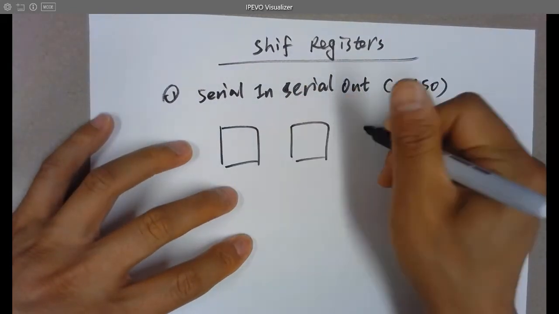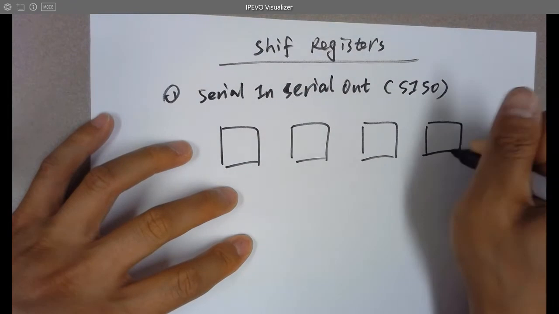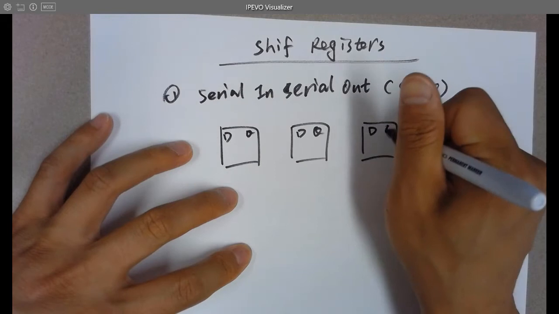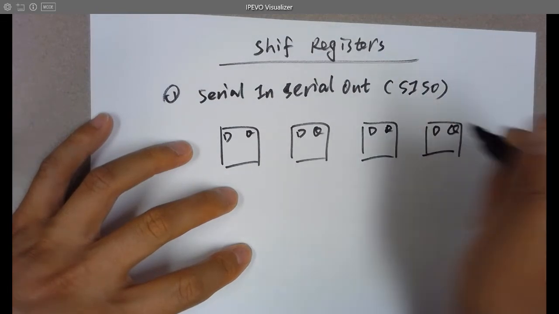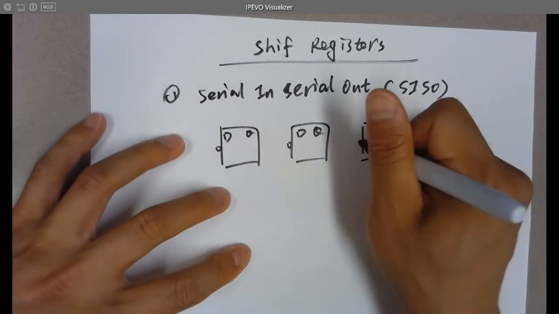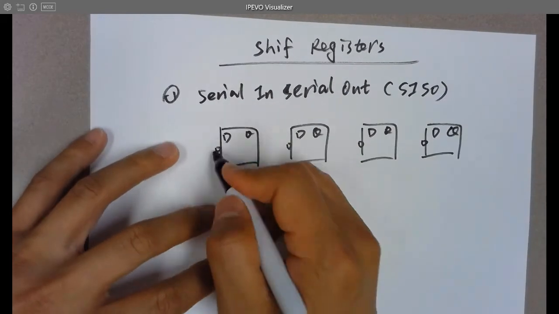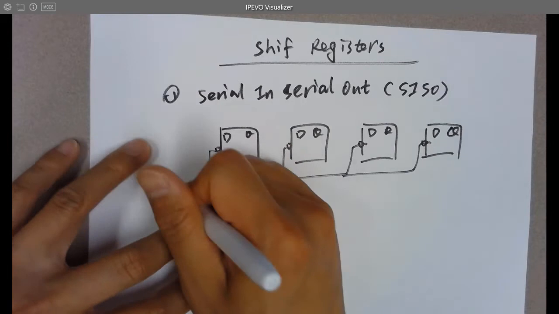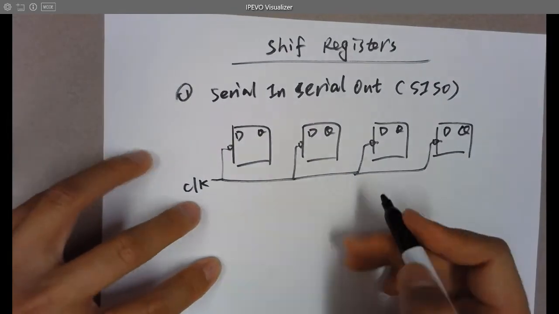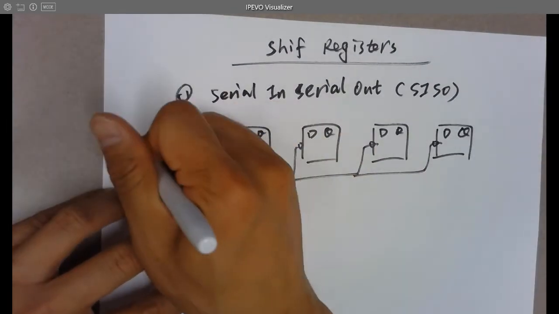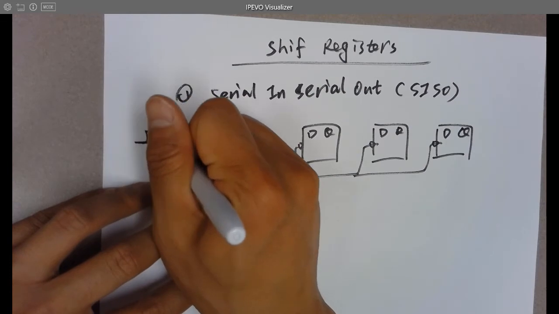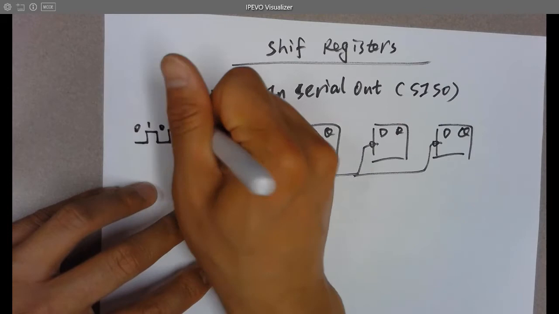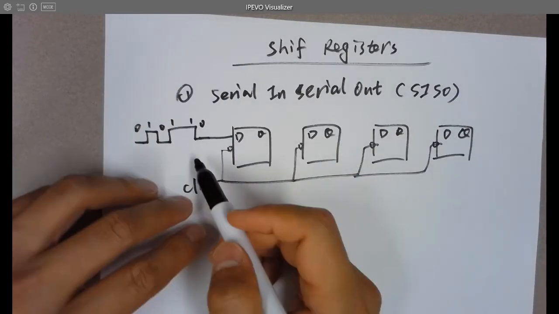If we have 4 D flip-flops, DQ, DQ, DQ, DQ, and it's falling edge triggered, right? And you have a clock for every one. It's going to trigger all of them at the same time. And you have a serial signal, for example, you have this kind of digital signal. It's 0, 1, 0, 1, 1, 0 or something.